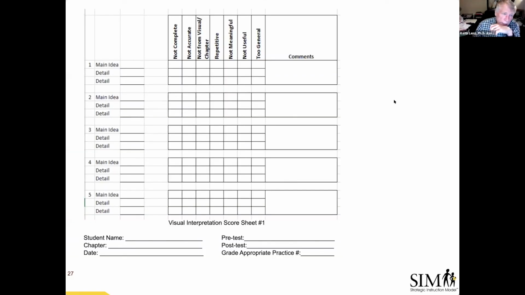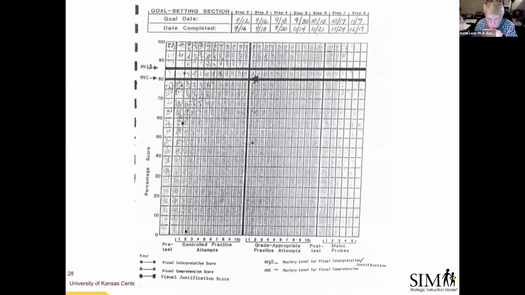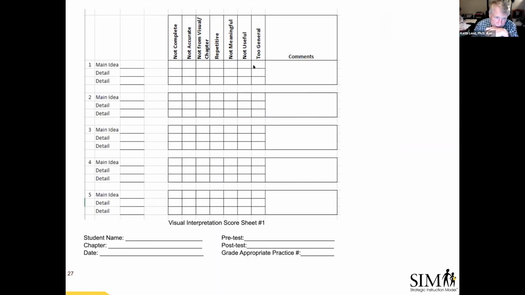Okay, so here's an example of a score sheet. You get a point if you give the main idea, a point for details, and if it's not complete, if it's not accurate, if it's not from the visual, if it's repetitive, if it's not meaningful, if it's not useful, or if it's too general, you put an X. The X is provided to say that I need to tell the student the reason I gave them a 0 for main idea is because it wasn't complete.